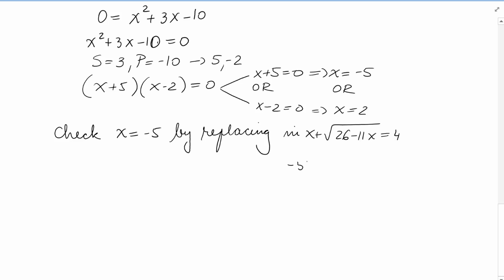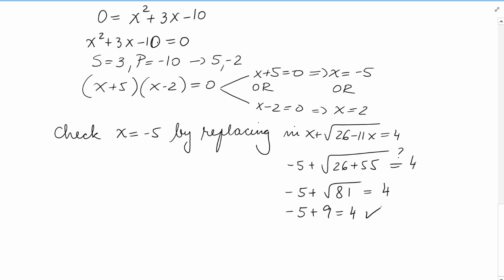So negative 5 plus square root of 26 plus 55 equals 4. Well, negative 5 plus square root of 81 equals 4. So negative 5 plus 9 equals 4. True. So x equals negative 5 is a solution. I'm making sure I mark it as a solution.